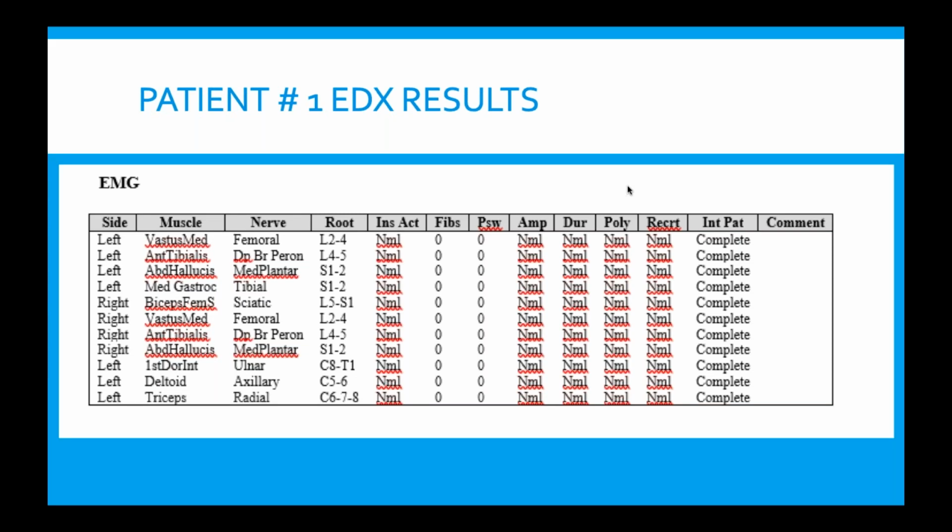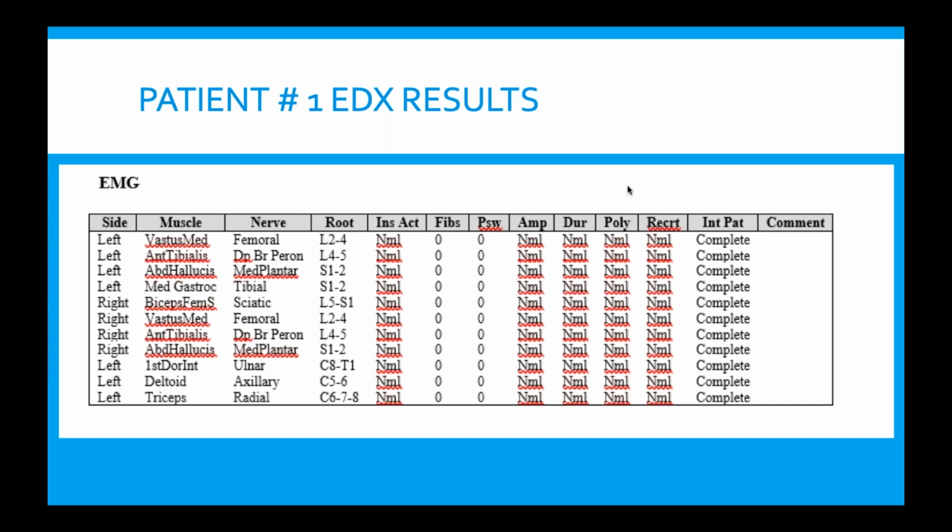So if you notice, I added to the plan the abductor hallucis on both sides, even though that's a painful muscle to check. I wanted to check one distal muscle because even though the nerve conduction amplitudes were normal, EMG can be more specific at detecting axonal problems, especially in the distal extremities.